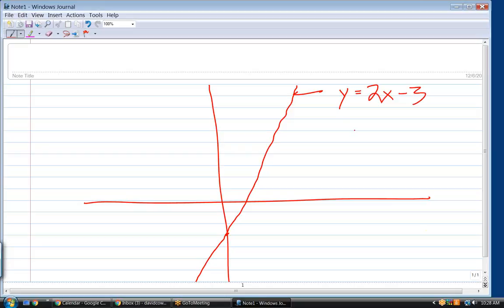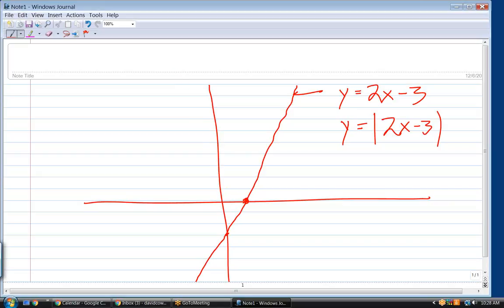Now let's say y is equal to the absolute value of this. The way to graph that is to go down to where it crosses the x-axis, and everything that's below the x-axis gets reflected. It's now negative, but we know it's going to be positive.